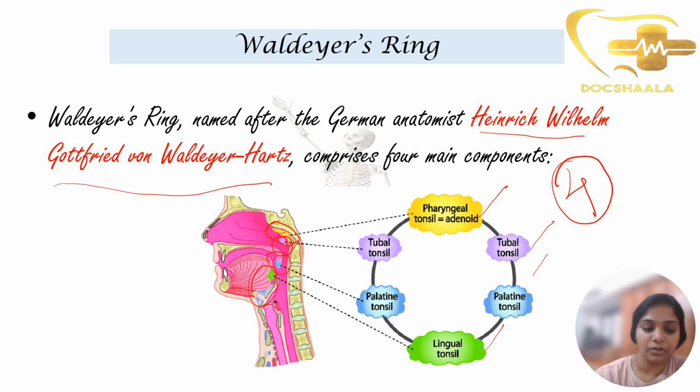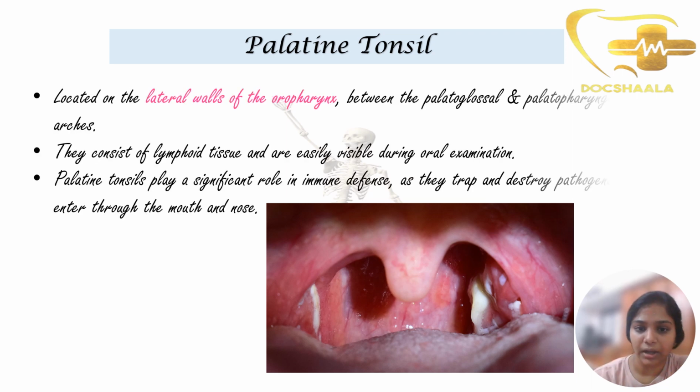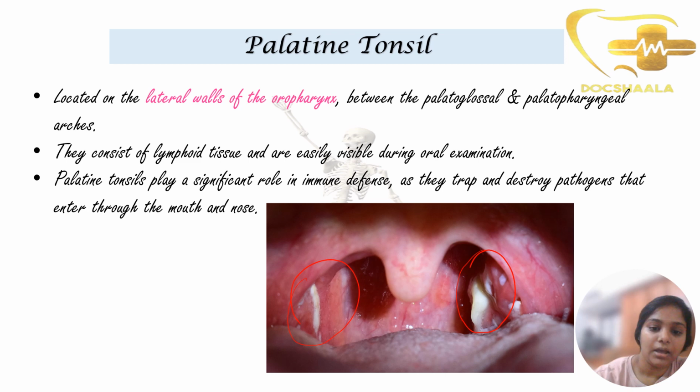Then coming to each of the components, let's just see what it does in the body. So the palatine tonsil, let's just see about the palatine tonsil. You can appreciate the palatine tonsils here in this image. So it is present on the lateral walls of the oropharynx. So it is present between the palatoglossal and palatopharyngeal arches.